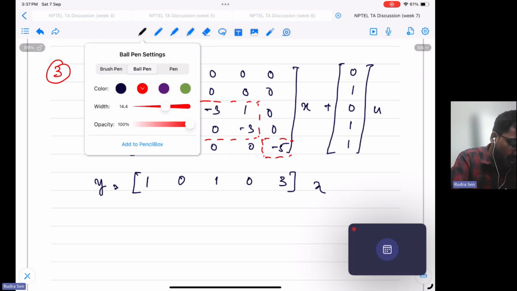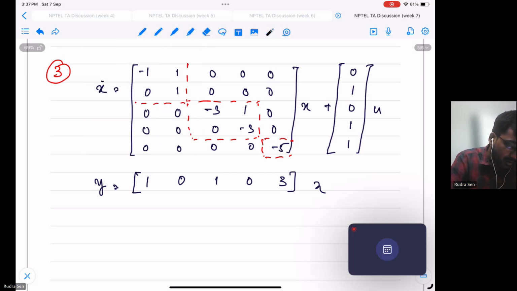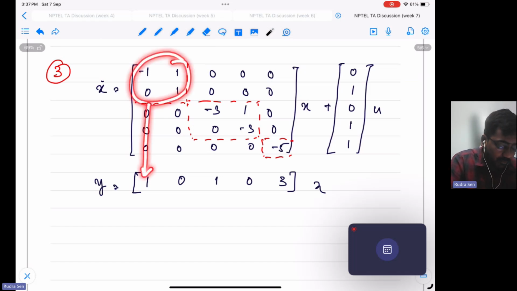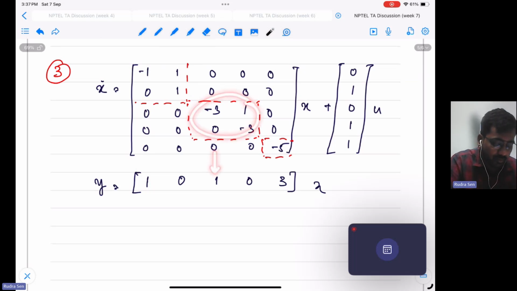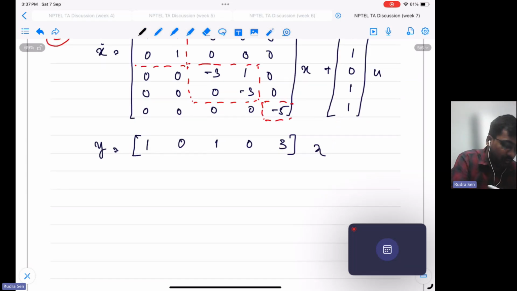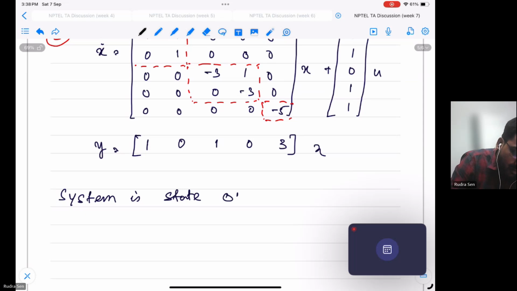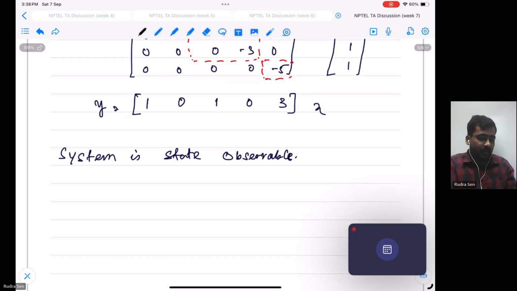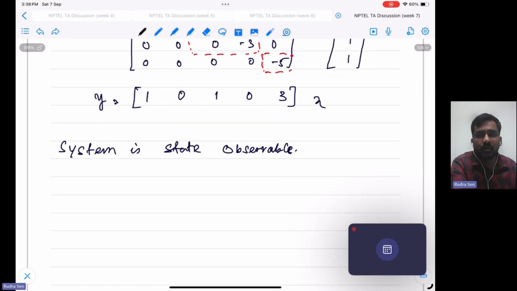So what we have to check? We have to check the first column corresponding to each Jordan block. This is a Jordan block and the first column corresponding to this is non-zero. This is a Jordan block and the first column corresponding to this is non-zero. This is a Jordan block and this is corresponding to non-zero. That means the system is state observable. So this is basically the concept of the Gilbert test for observability checking.